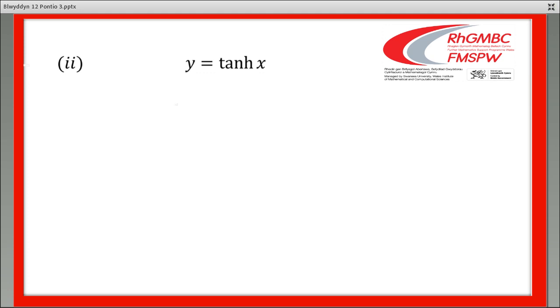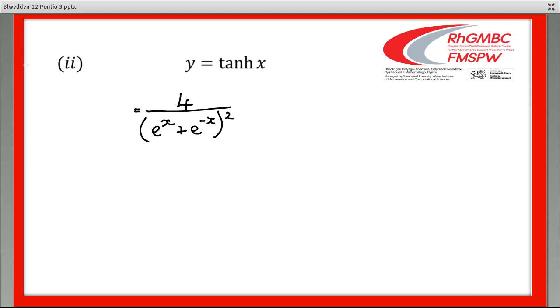That will give me a total of, so dy by dx equals 4 over e to the x plus e to the minus x squared.